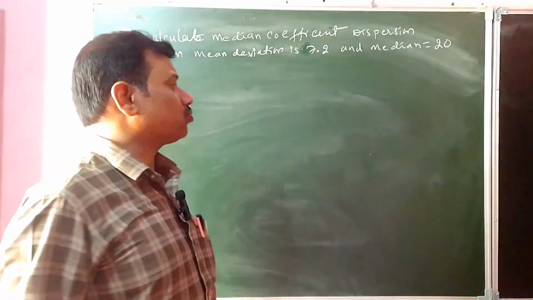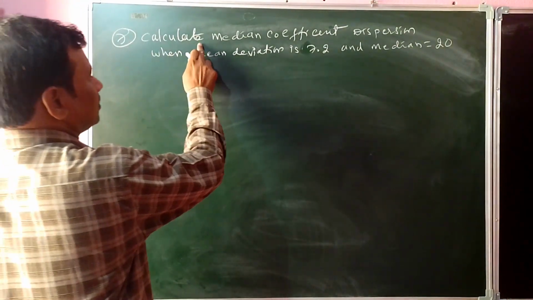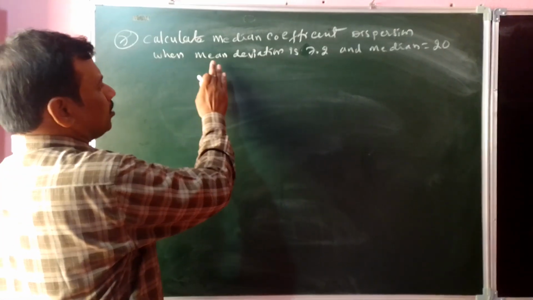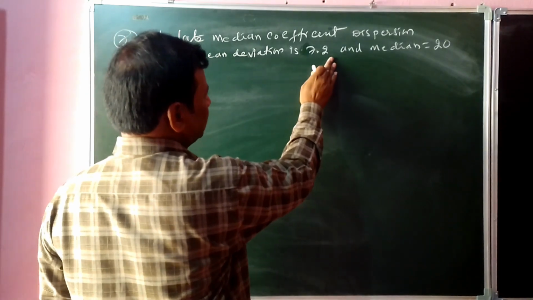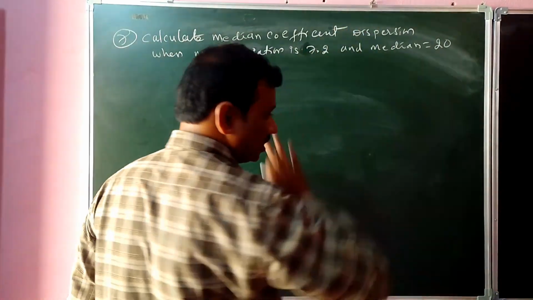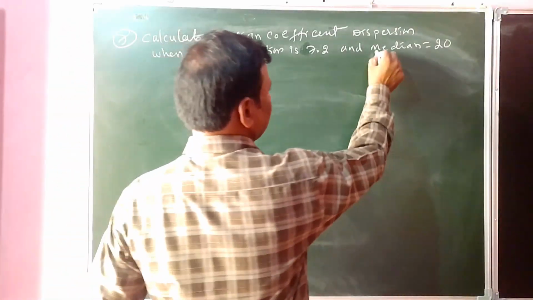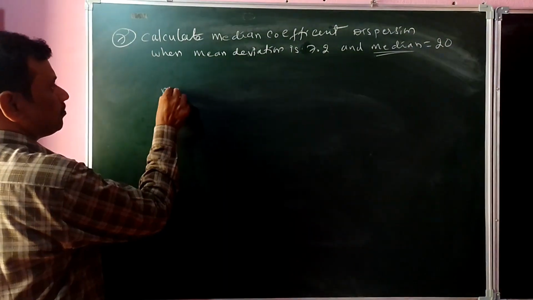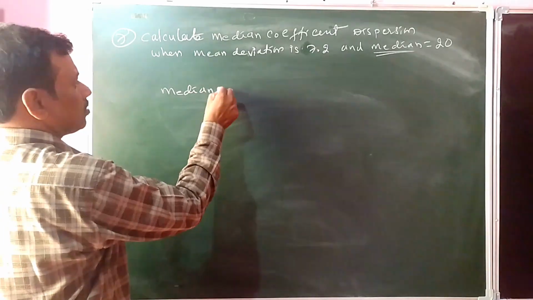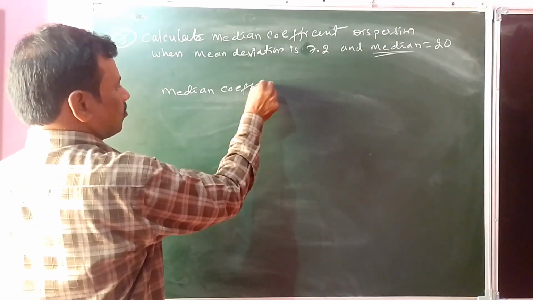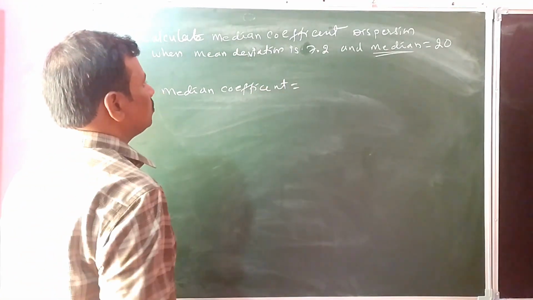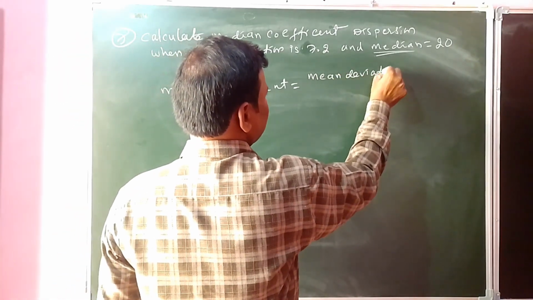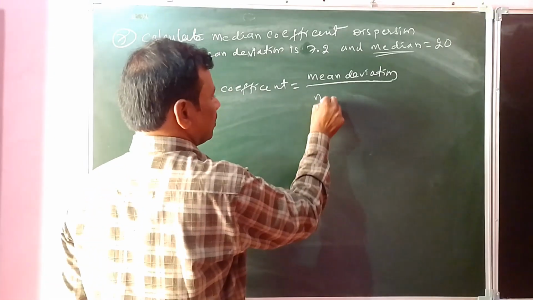Next question, question number 7. Calculate the median coefficient of dispersion when the mean deviation is 7.2 and the median is 20. Here the median is given. The median coefficient equals mean deviation divided by median.